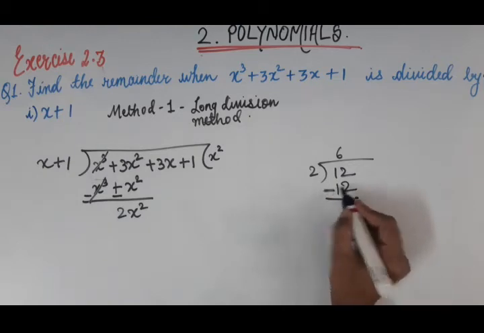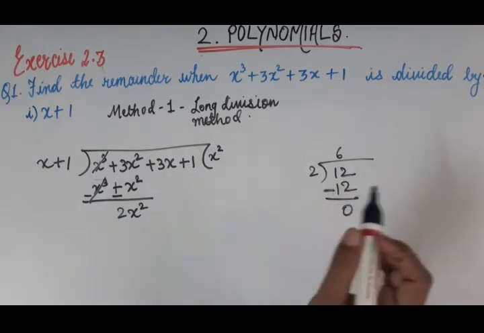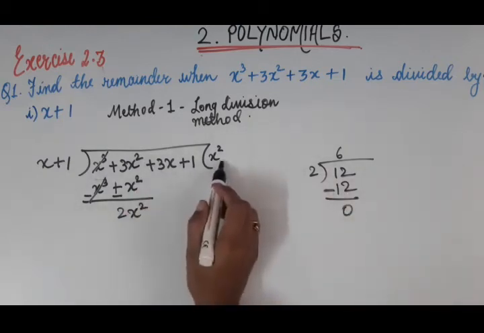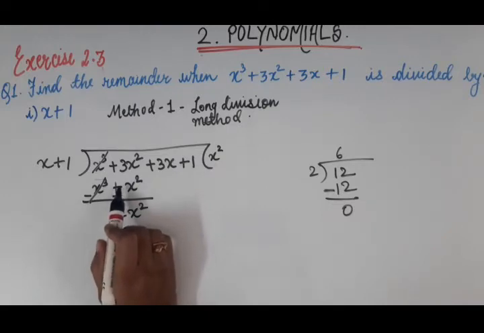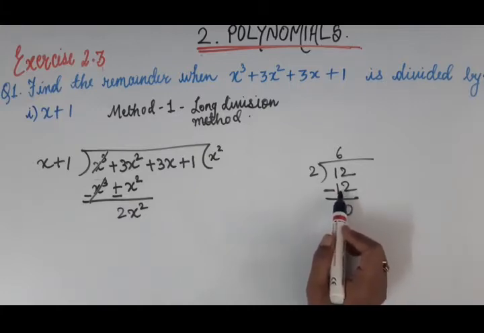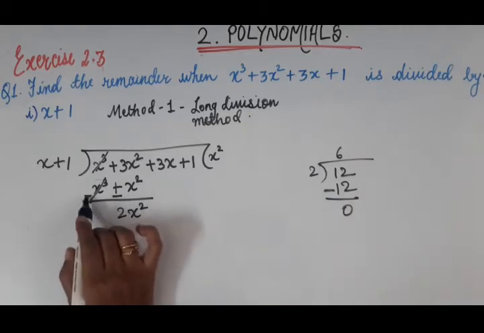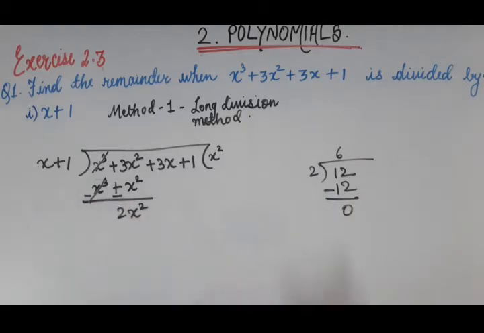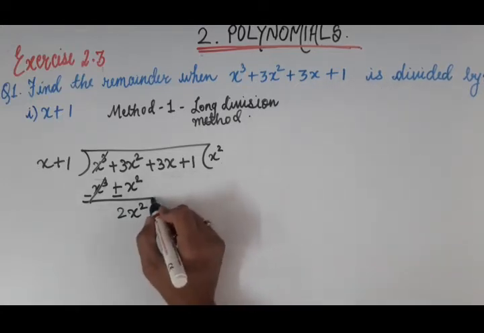So we can say directly we are subtracting. But sometimes when you are multiplying here, you may get a negative number, so at that time you have to change the sign to plus. Here we are always going to get plus only. So we are subtracting. This plus will become minus. Okay, so you got 2x square.